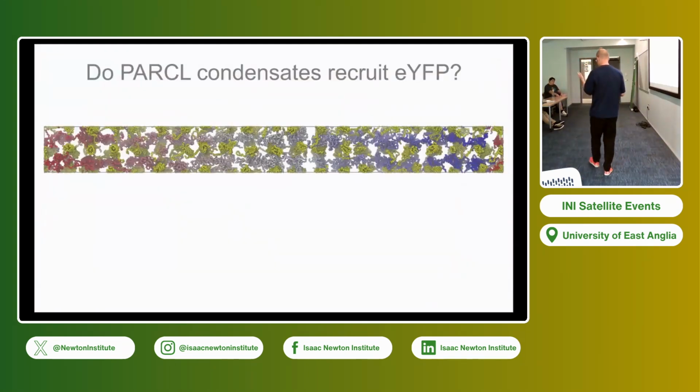Then the question came up: is this tag possibly even promoting phase separation? Is it not something biological? Maybe it's an artifact of the system that you have this tagging on. So we ran the whole simulations with this fluorescent tag, but not stuck to the protein, just in solution. If it was promoting phase separation, you'd expect that this tag becomes part of these biocondensates.